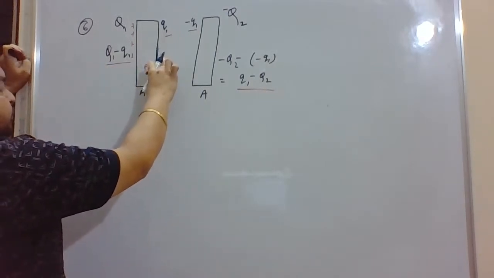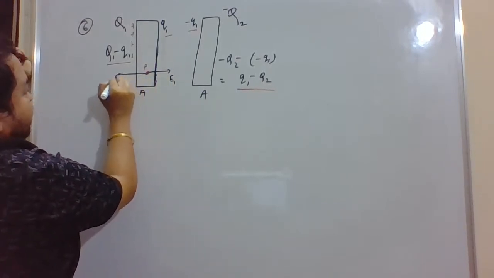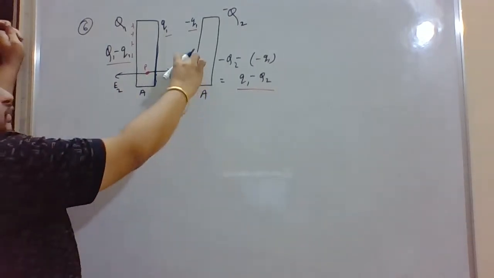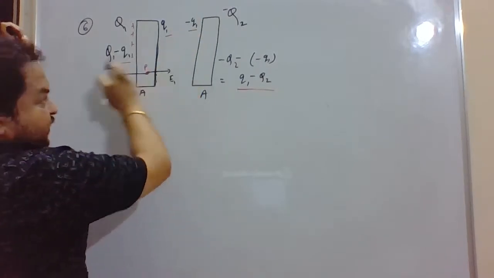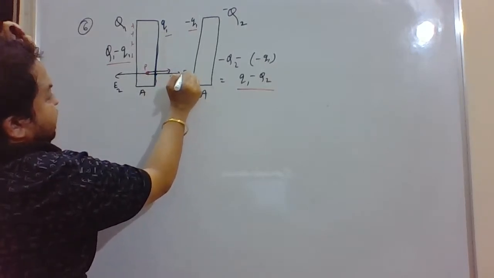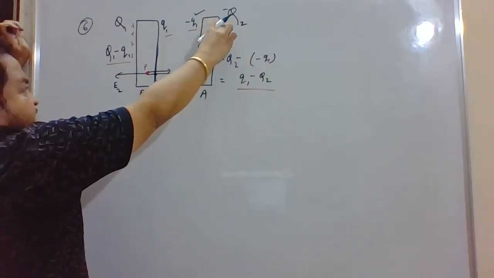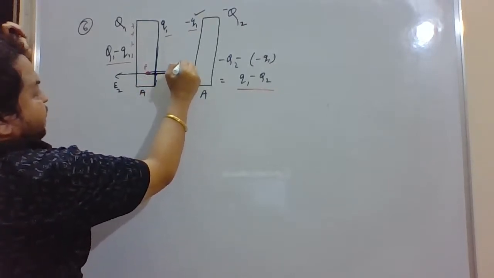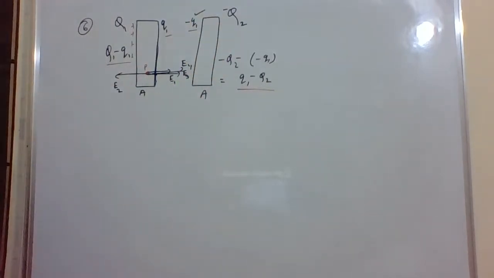Now here there's a plus q1 electric charge, so plus q1 will also give a repulsive electric field in this direction, E2. Similarly, this side of the plate where charge minus q1 is there would pull the test charge towards itself, so there will be an E3 due to this charge. Similarly, here you have another negative charge, so there will be one more E4 in the same direction due to the charge appearing on this plate.